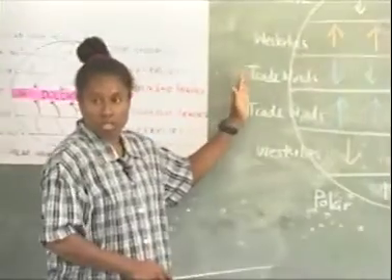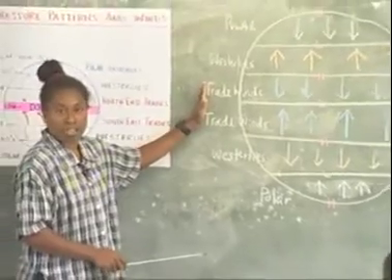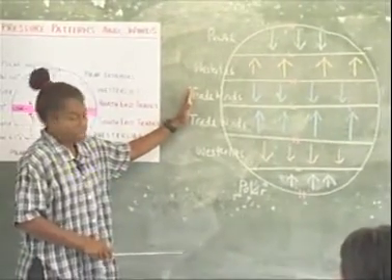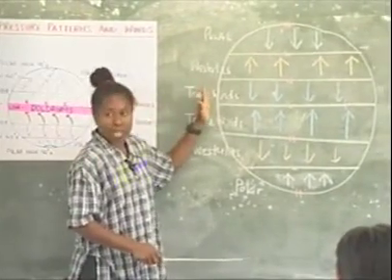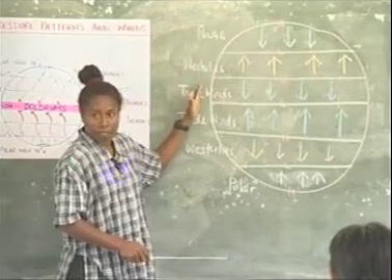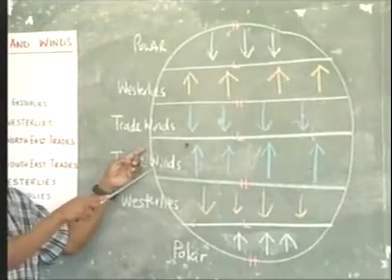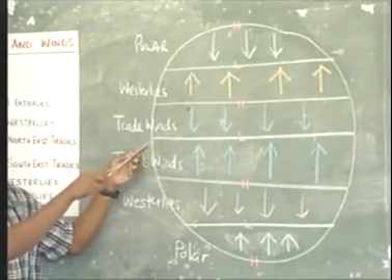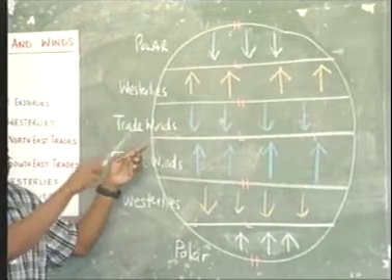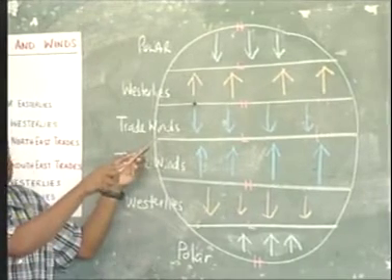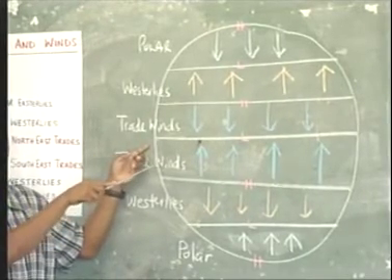If it were not for the rotation of the Earth, if the Earth did not rotate, this is how the planetary winds would look like. Winds would usually blow from the horse latitude straight back to the equator.